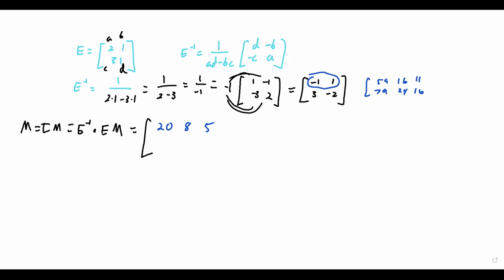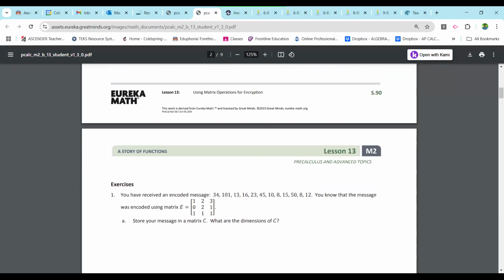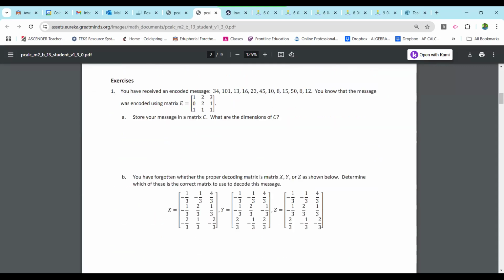Let's do a smaller version to practice. There we go. So let's look at this exercise. We just received a message.